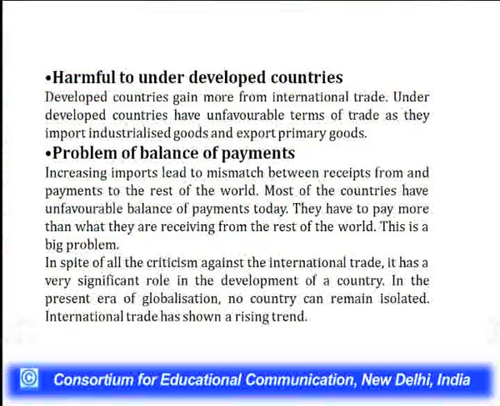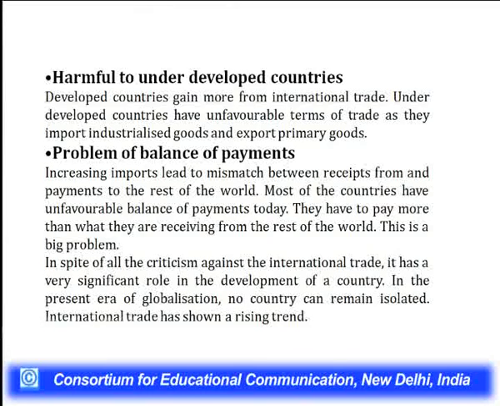Then it is harmful to underdeveloped countries. No doubt trade is taking place between both developed and underdeveloped countries, but developed countries are gaining the most. How? Because the developing economies have unfavorable terms of trade. They are generally exporting primary goods whose demand is less elastic. Their demand does not rise much with the rise in incomes of the people.